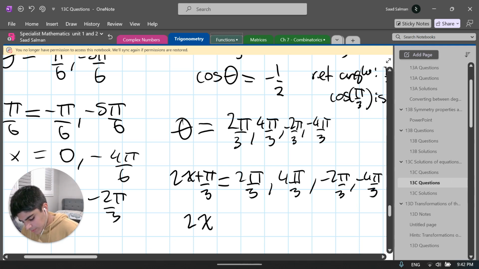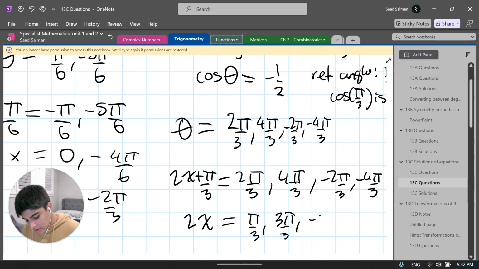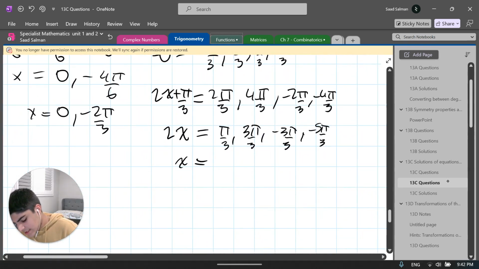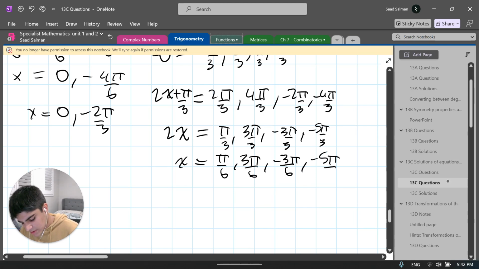Let's subtract pi on 3. 2x equals pi on 3, 3 pi on 3, negative 3 pi on 3, negative 5 pi on 3. Let's divide the solutions by 2. x equals pi on 6, 3 pi on 6, negative 3 pi on 6, and negative 5 pi on 6.